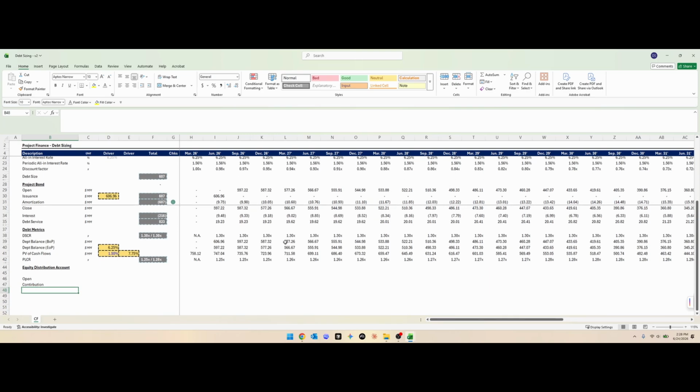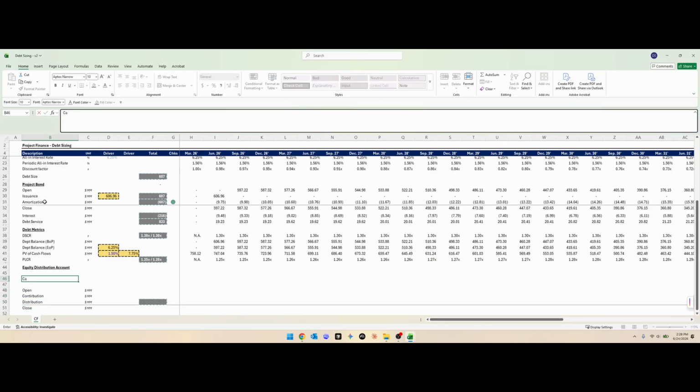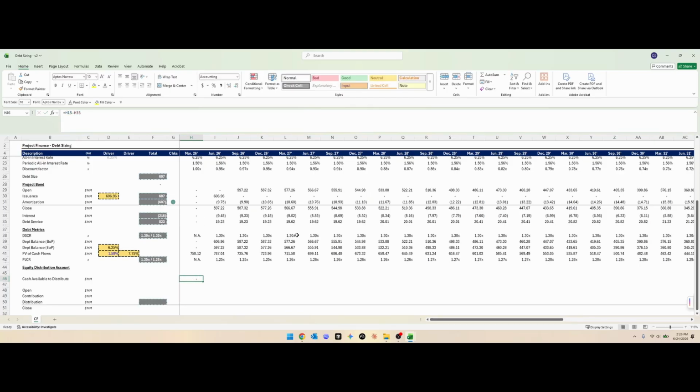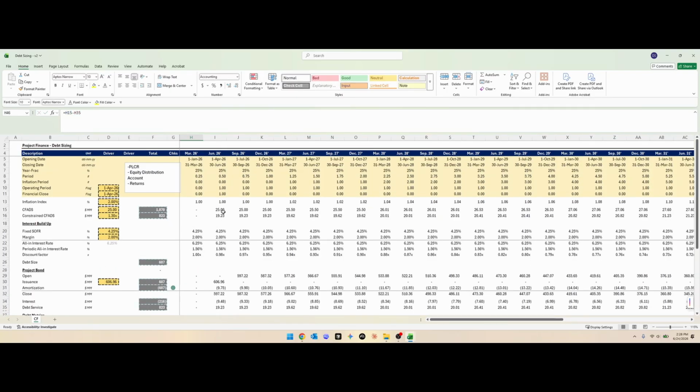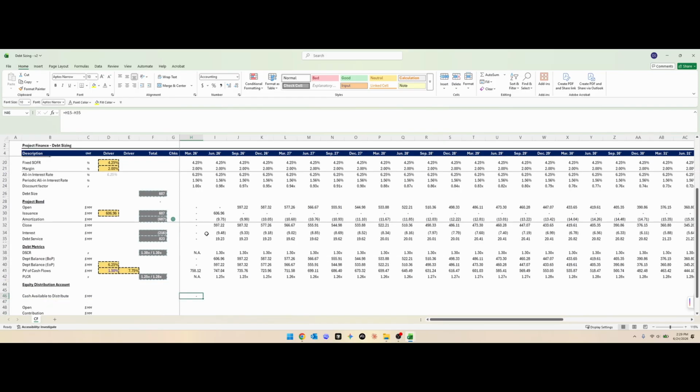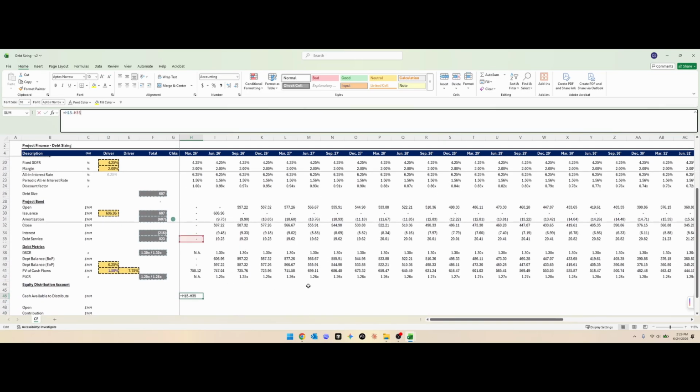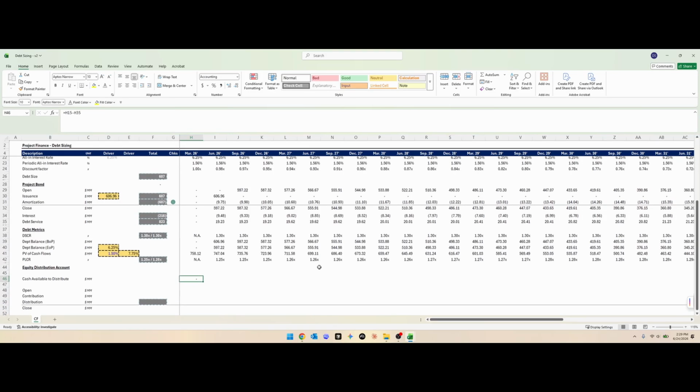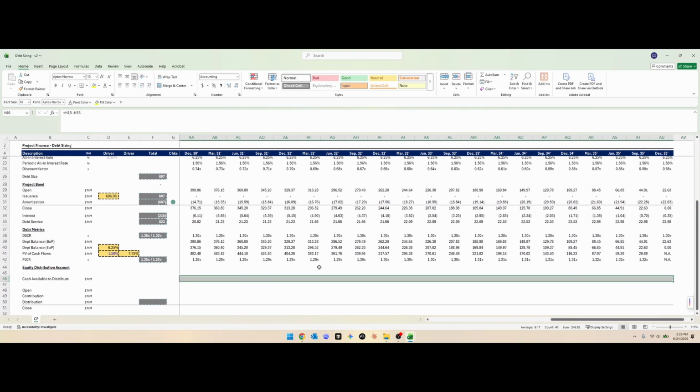So: contribution, distribution, close. We start with cash available to distribute: your CFADs less your debt service, because that's what's next. That's how the waterfall goes. CFADs is your revenue less your OPEX, maintenance, CapEx, all that kind of stuff. Then you get down to debt service, which is next in the waterfall, and finally your cash flow available to distribute.